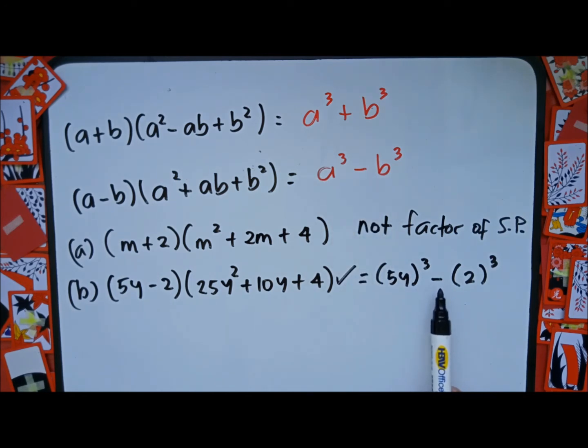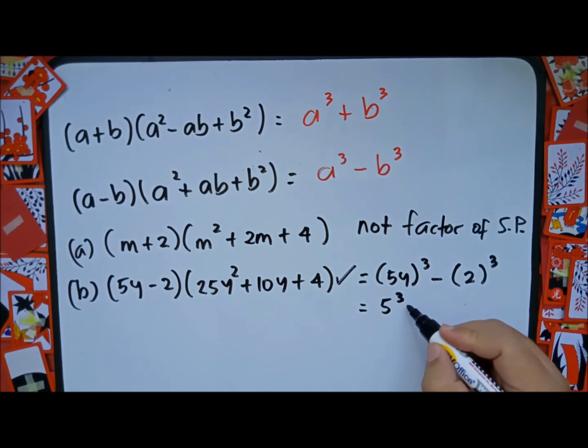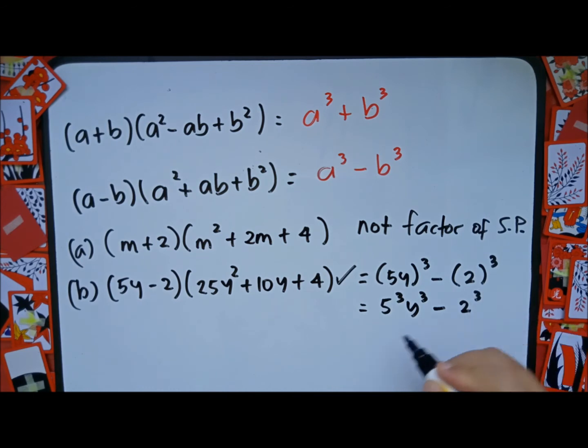You might be confused. You will be only copying the absolute value, 2. Do not prefix the negative because this is already carried over on your pattern. So this will become what? 5 cubed y cubed minus 2 cubed.